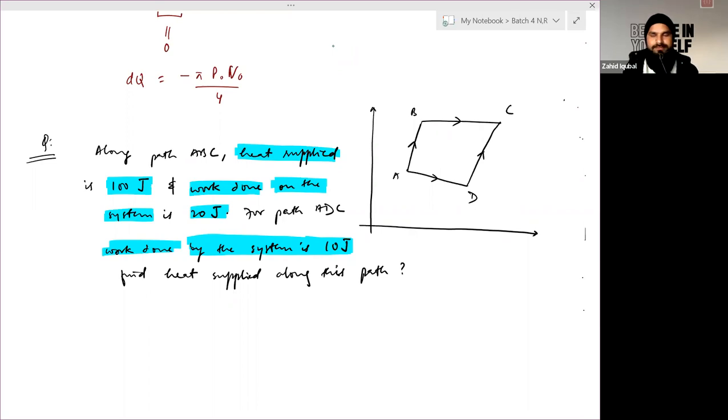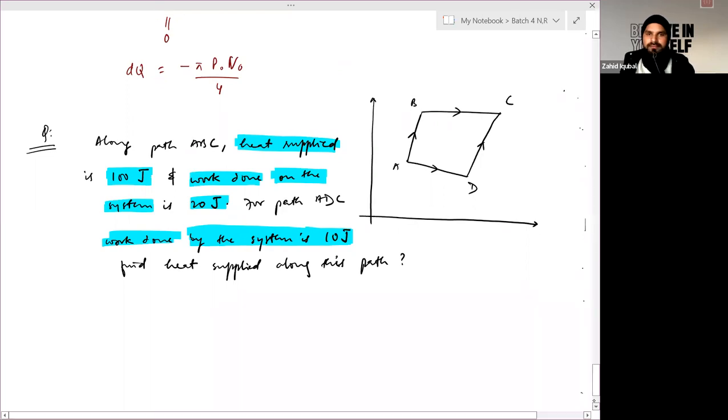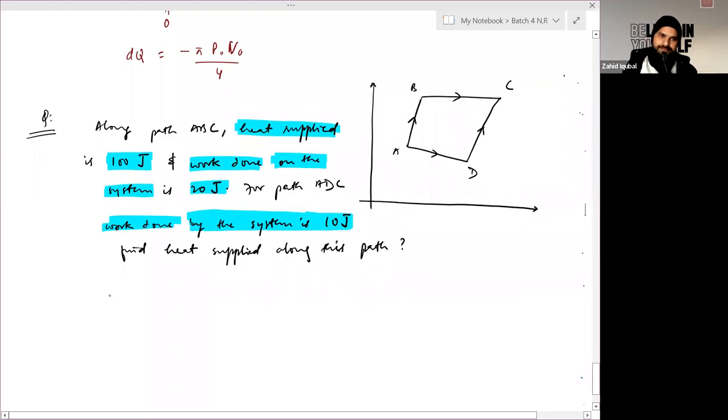Gautam, just check your calculation. Just write the first law for ABC: dq equals du plus dw.